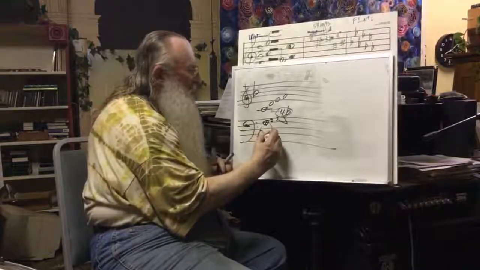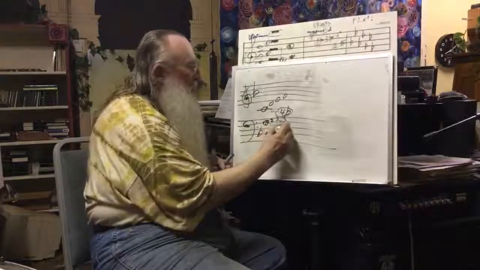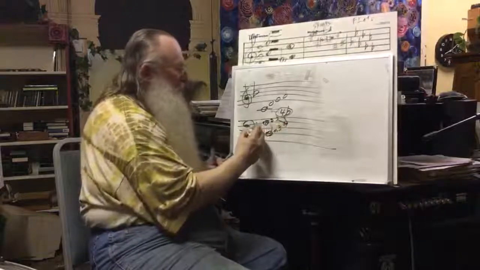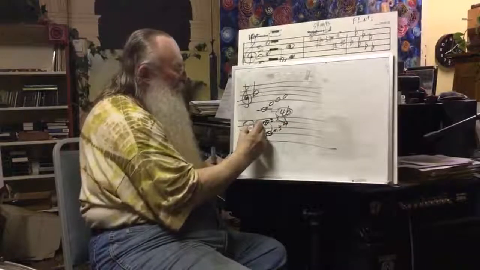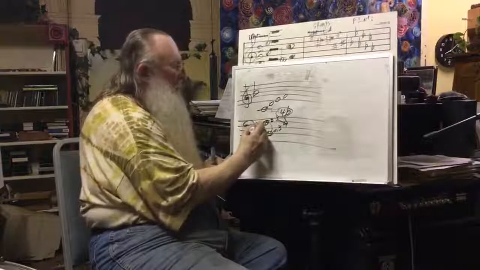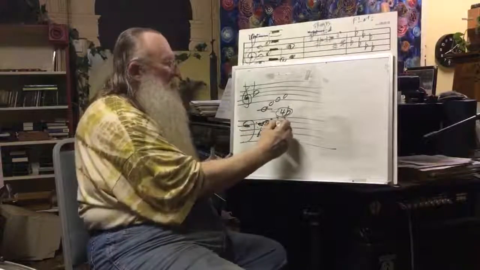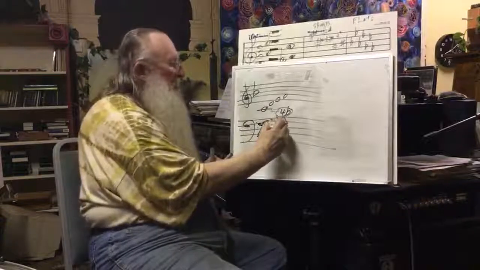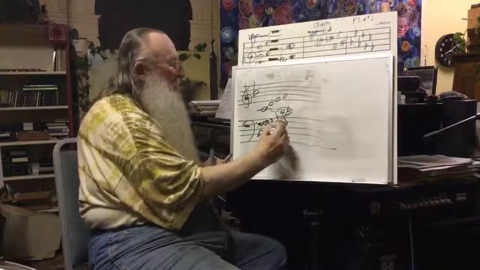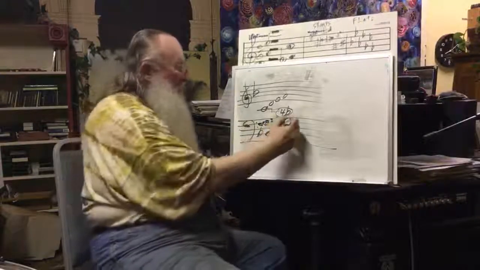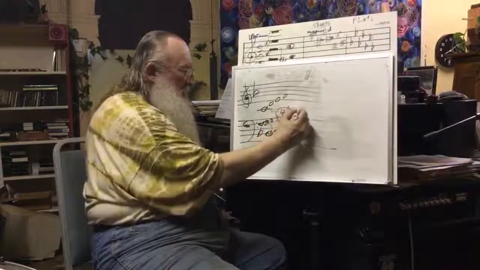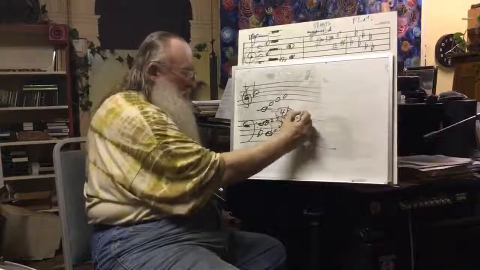But 1, 2, 3, 4, oops. Here we wind up with this F, E thing happening again, and this is going to be too big, so I'm going to have to flatten that 4th step of the scale, and then as we get up here, we're going to find out that the B flat is still there.